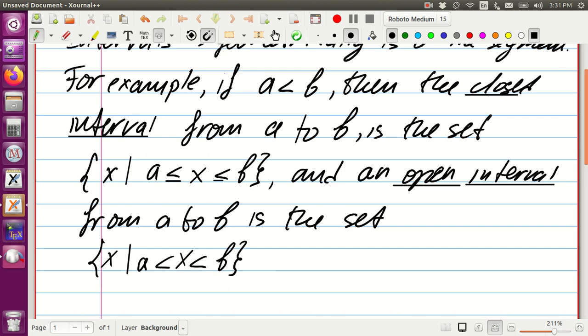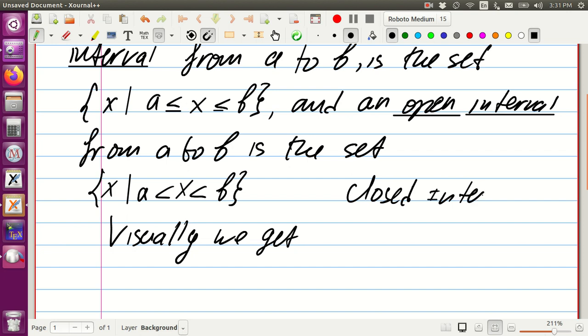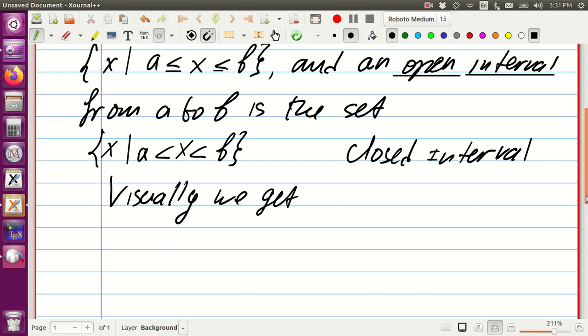So now we need the visual representation. Visually, for the closed interval, we have a real line, and it goes from A to B, and filled-in circles mean we include the endpoints.